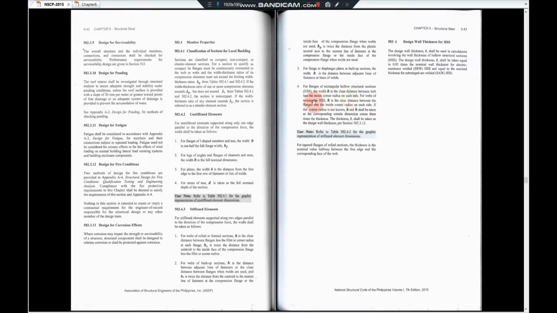And for webs of rectangular HSS, H is the clear distance between the flanges less the inside corner radius of each side. If the corner radius is not known, B and H shall be taken as the corresponding outside dimension minus 3 times the thickness. So the thickness T shall be taken as the design wall thickness as per section 502.3.12.